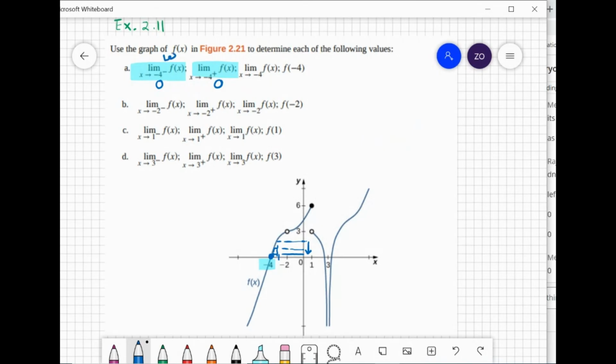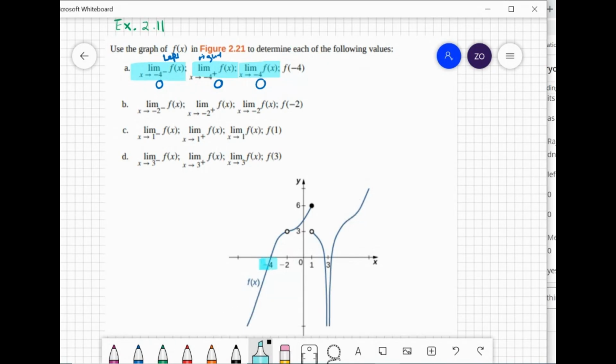So since the left and the right limits are both equal to 0, can we talk about the limit of this function at -4? What should we say for the limit? That's also 0. Okay, so the limit of this function at -4 is 0.